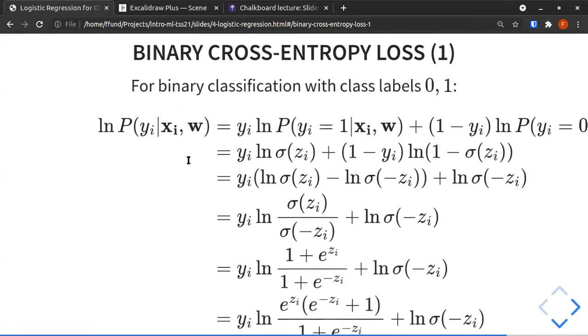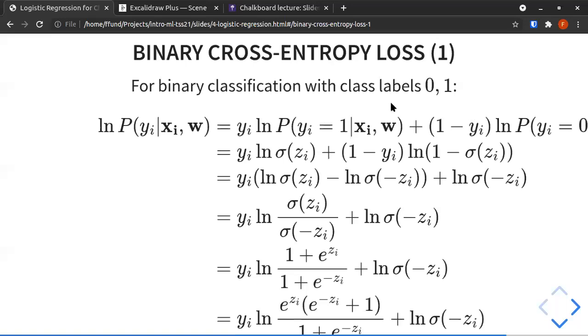So we're going to plug the sigmoid into this probability. You can see we took this sigmoid. We're making a sum of the probability of belonging to class 1 versus class 0. Notice that this expression is going to be 0 if the point belongs to class 0, and this expression will be 1 if the point belongs to class 0.